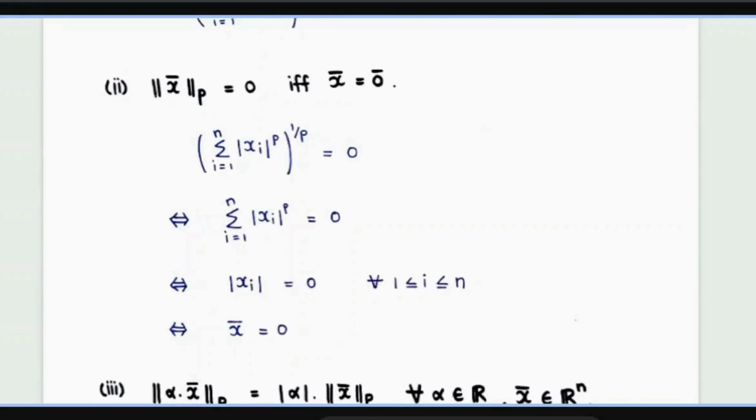As we already know, the modulus of x_i is always greater than or equal to 0. It is a non-negative quantity. So adding all the terms equal to 0 means each of the terms should be equal to 0. So for i from 1 to n, the modulus of x_i is equal to 0, which means all the coordinates are equal to 0, which implies x bar is equal to 0.